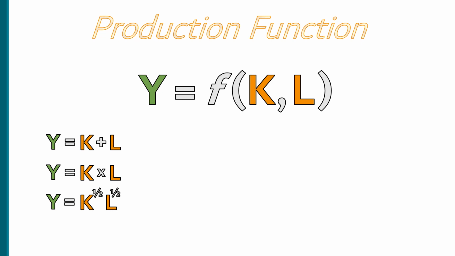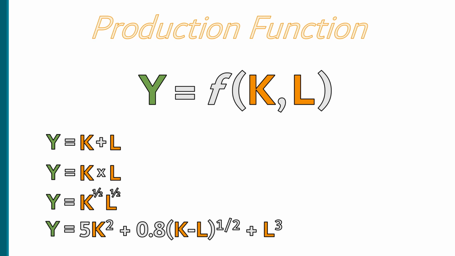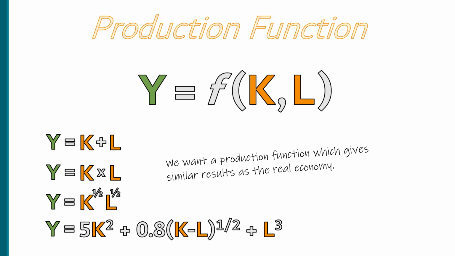Heck, it could be as crazy as we want, like 5 times K squared plus 0.8 times the quantity K minus L raised to the 1/2 power plus L cubed. Deciding between these is going to be a matter of observation. We want a production function which gives similar results as the real economy. But first, we need to build on our theory of production.